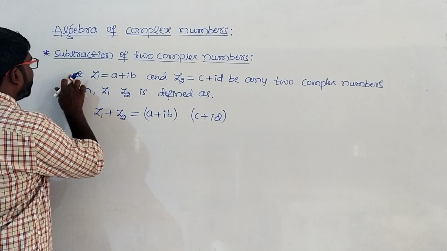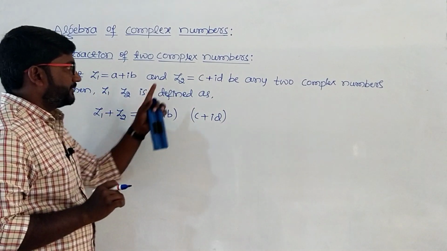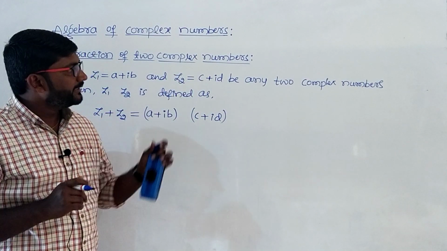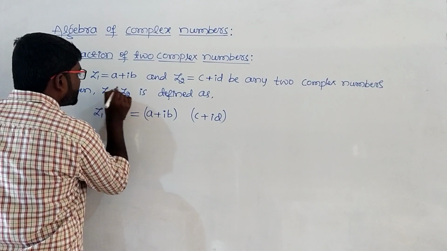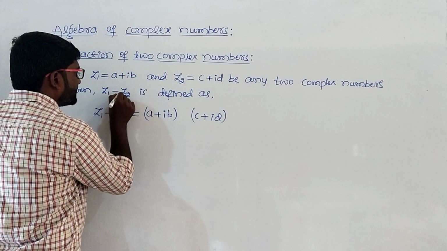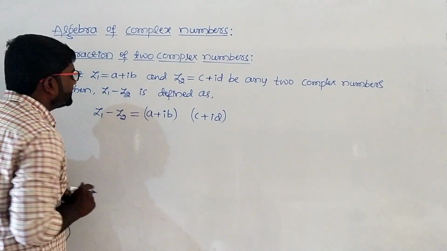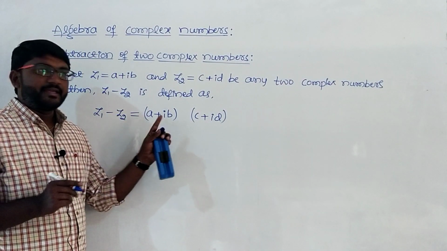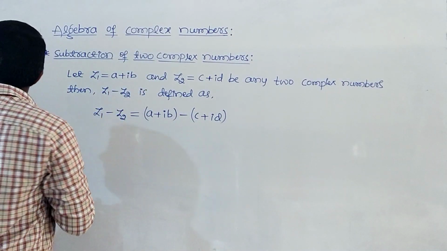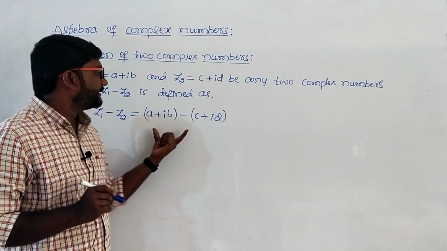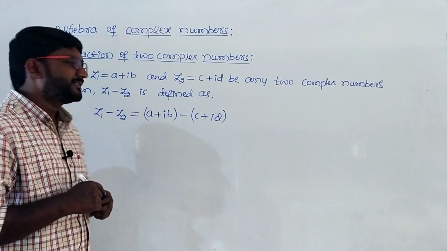Again I am going to take Z1 as A plus iB and Z2 as C plus iD, be any two complex numbers. Then Z1 minus Z2 is defined as A plus iB minus C plus iD. Here again we have to subtract the real parts and then the imaginary parts separately.